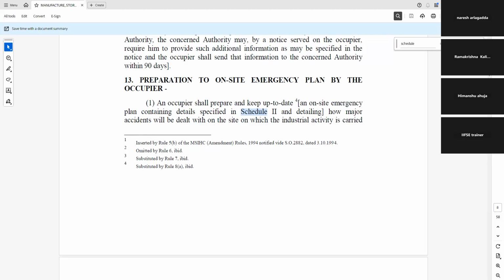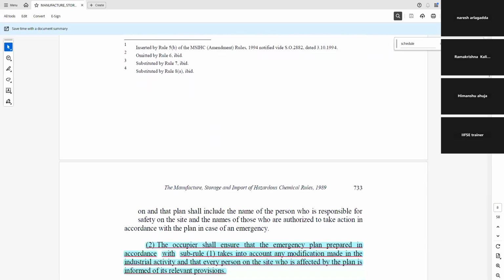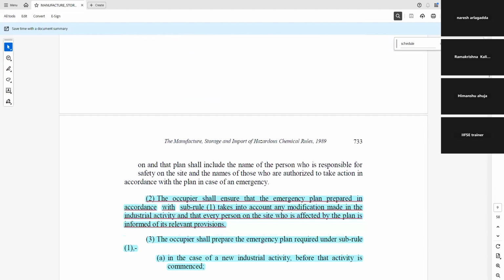An occupier shall prepare and keep up to date an on-site emergency plan containing details specified in Schedule 2 and detailing how major accidents will be dealt with on site on which the industrial activity is carried on, and the plan shall include the name of the person who is responsible for safety on the site and the names of those who are authorized to take action in accordance with the plan in the case of an emergency.